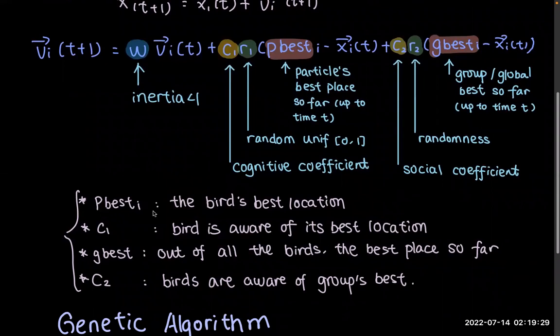So P best I is the bird's best location, and G best is the best among all the birds. The G best is computed as if you have a central controller to compute the best among all the birds. But actually the birds do not have a leader. There's no central controller to compute G best.